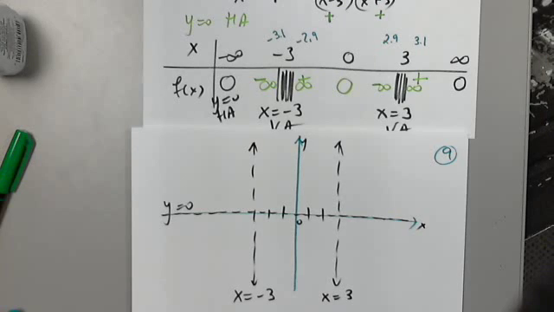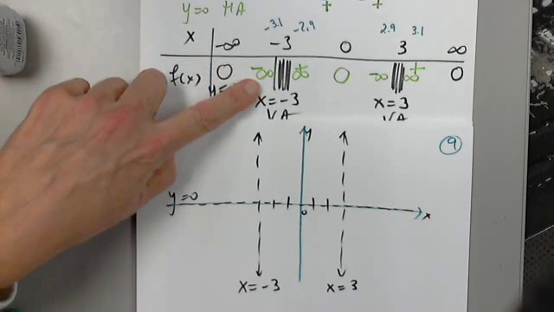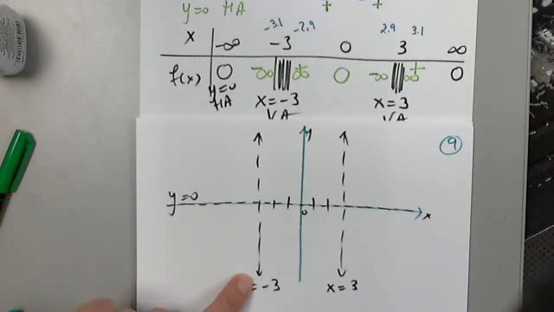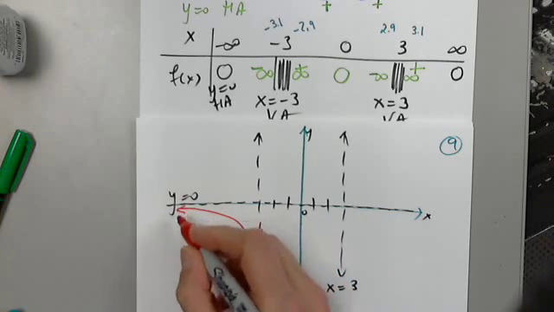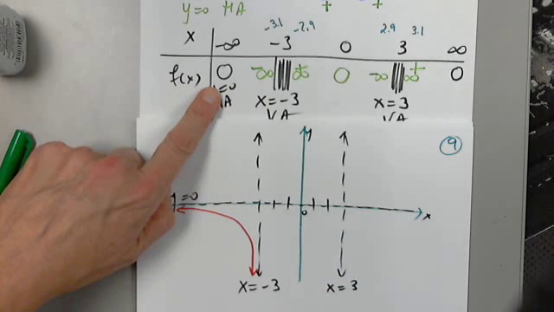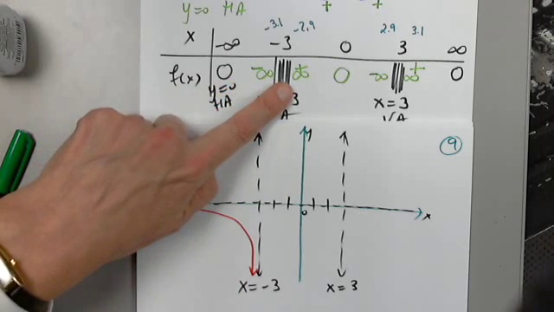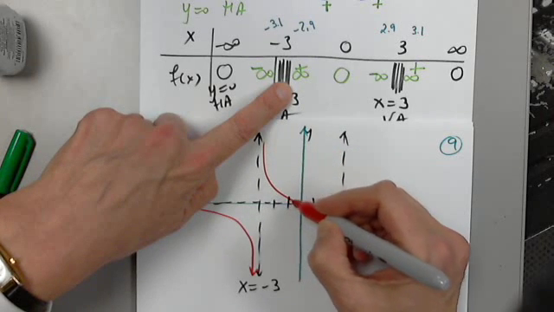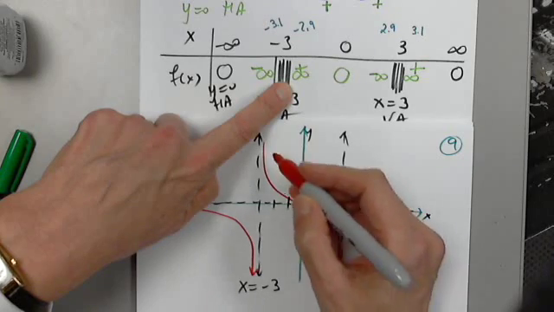Now I read, and I'm only looking at the y values. 0 dropping to negative infinity. That's the first piece. From approaching 0, the horizontal asymptote, down to negative infinity. Now in the middle, from positive infinity, crossing normally at 0, because there is only one solution, and coming to negative infinity.